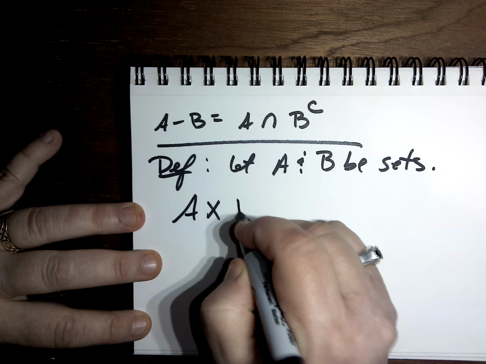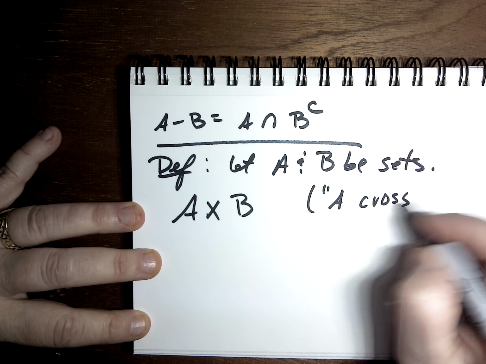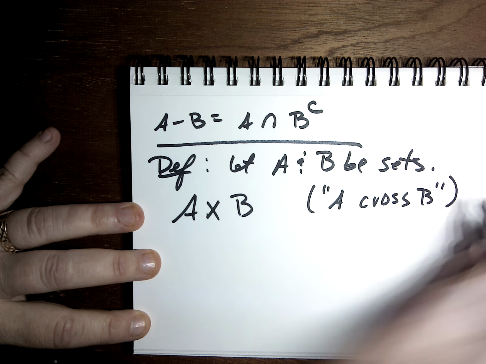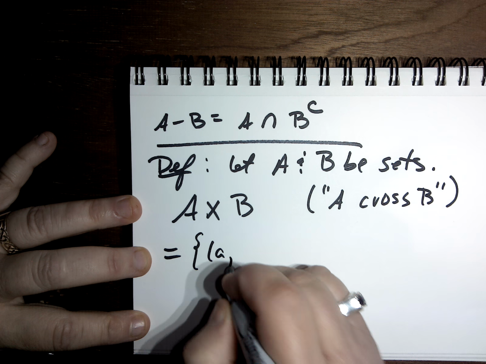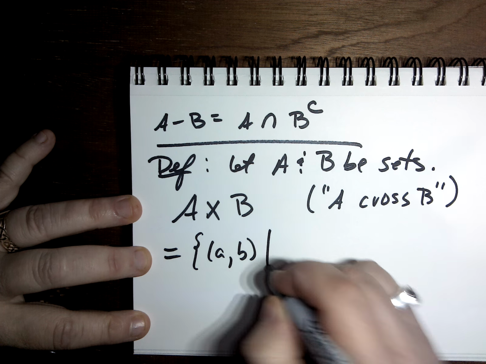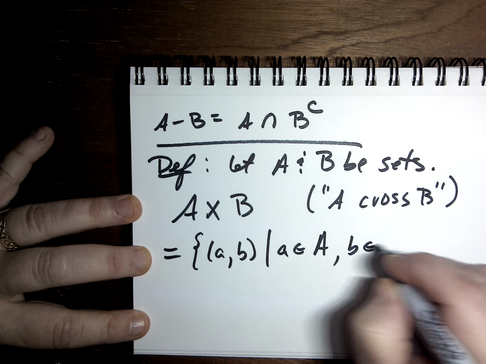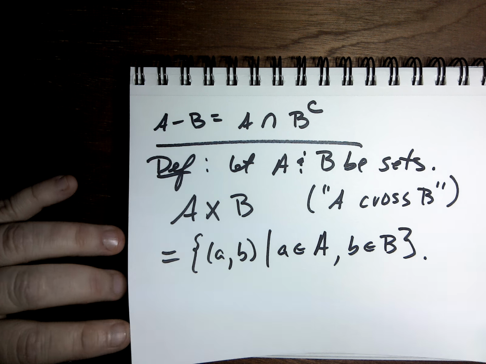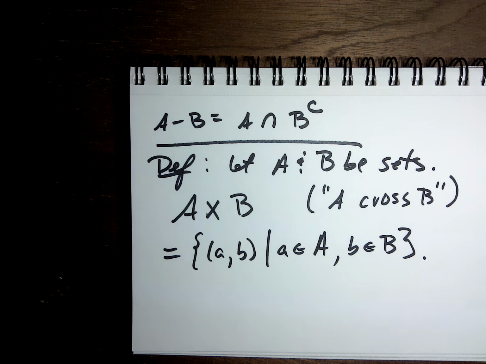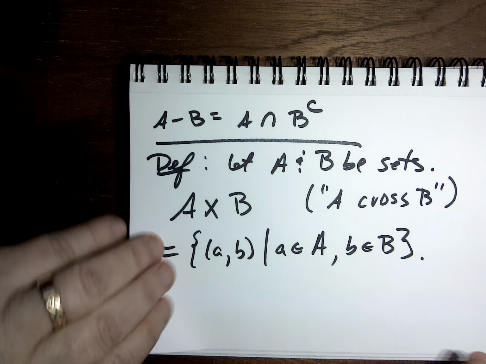A cross B is the set of ordered pairs (a, b), where little a is in big A and little b is in big B. Think about it as we have the reals cross the reals is the real plane. So that's kind of our first set that we've ever crossed. But let's look at some smaller sets so we can get a feel for what's going on here.